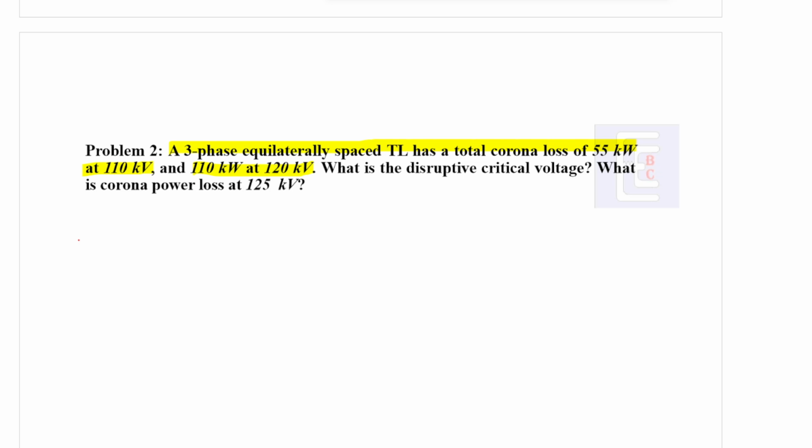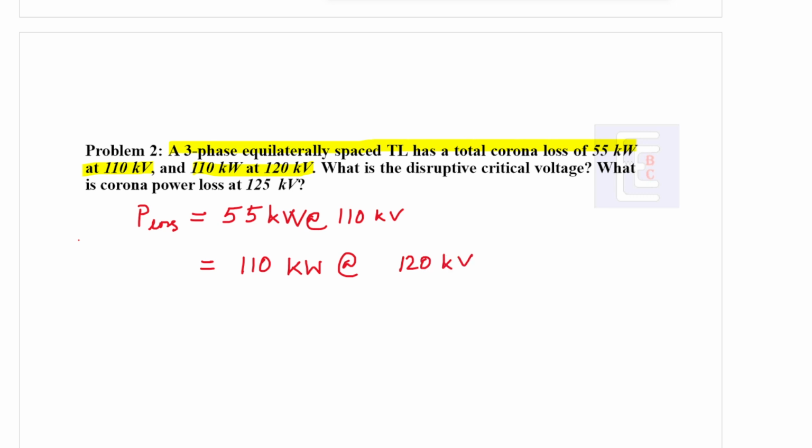We have corona power loss is equal to 55 kilowatt at 110 kV. Also, the second condition, the corona loss is 110 kilowatt at 120 kV. So now you need to evaluate what will be the corona loss at 125 kV.